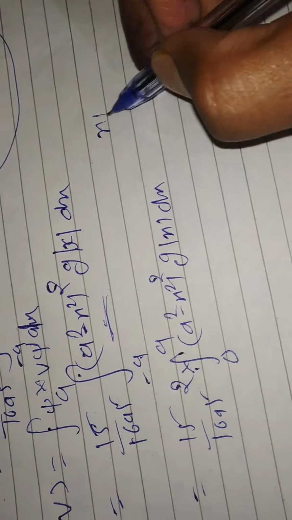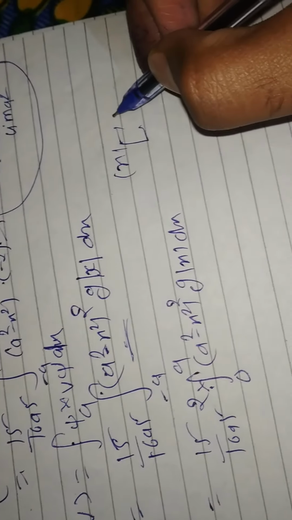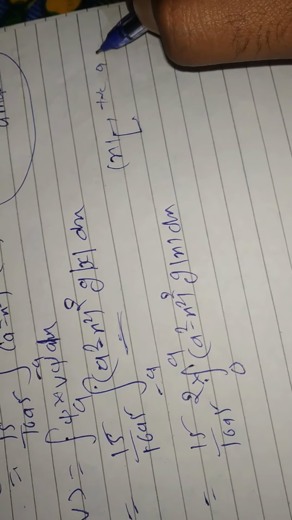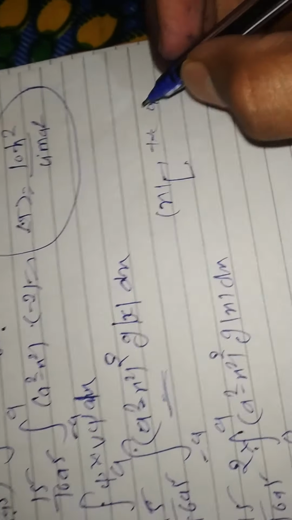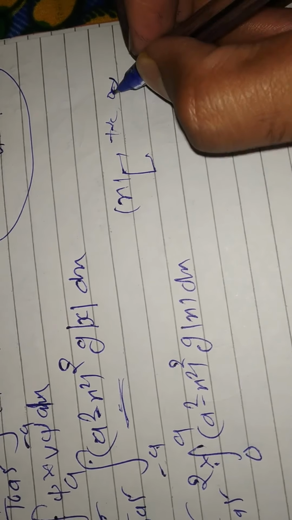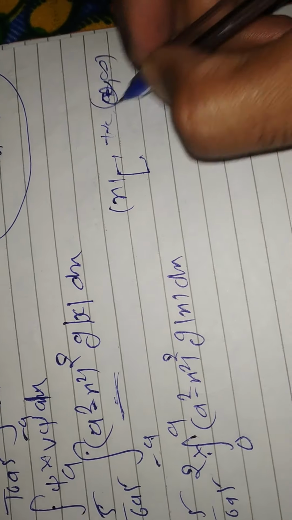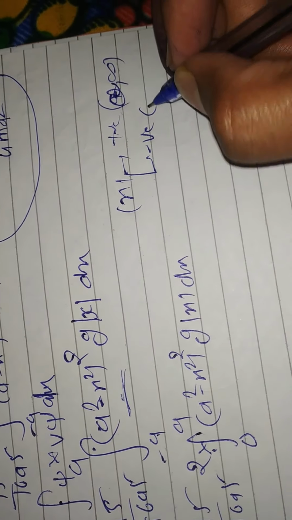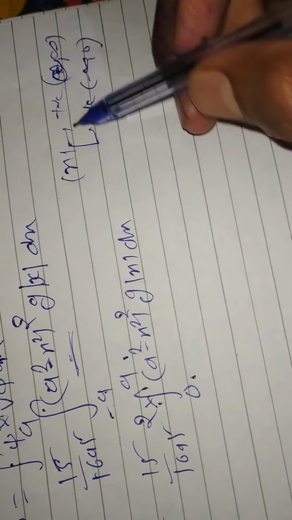Now a square minus x square whole square g x dx. Now |x| we can solve it. It will be positive from 0 to plus infinity and negative from minus infinity to 0. So here, from 0 to a, we will find it positive, that means x will be positive.